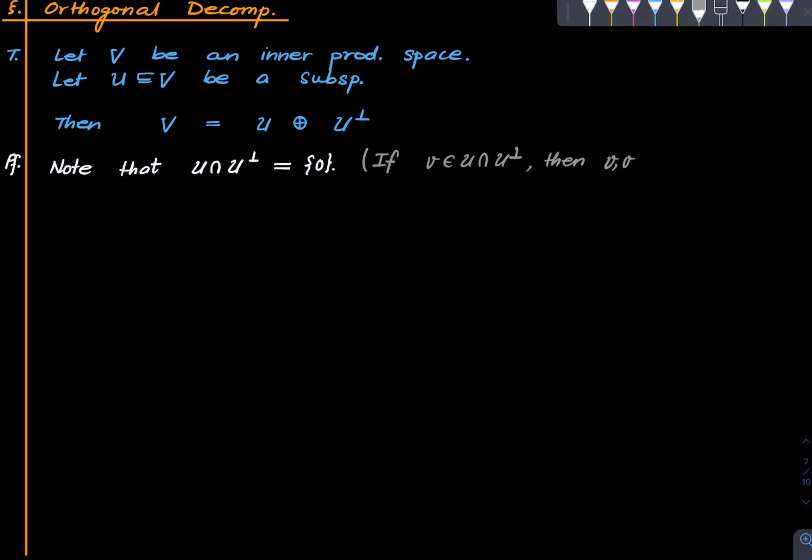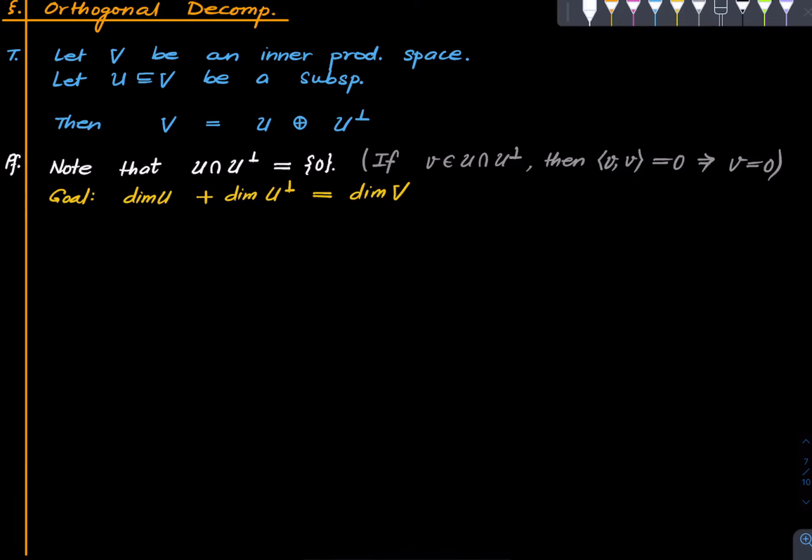So we have V dot V is 0, which implies V is 0. So you pick an arbitrary element in the intersection, you find it is 0, and hence this intersection is at the very least trivial. So now the goal is to show that the sum of the dimensions is the dimension of the parent space. This will finish the proof.